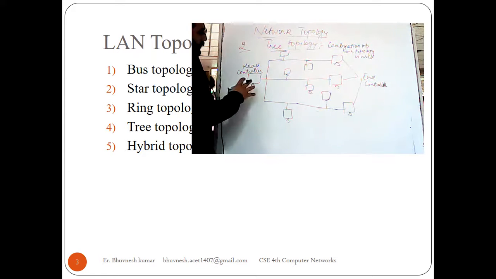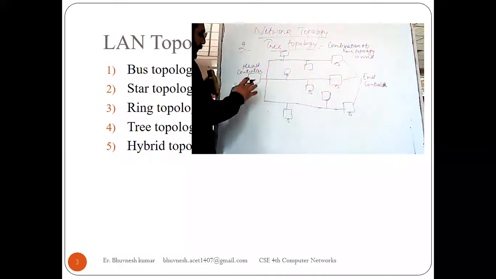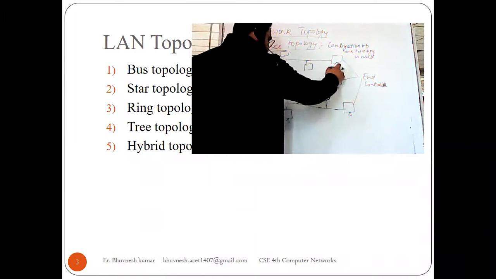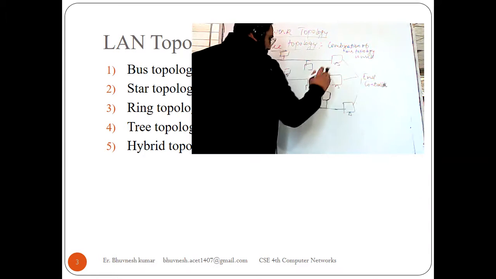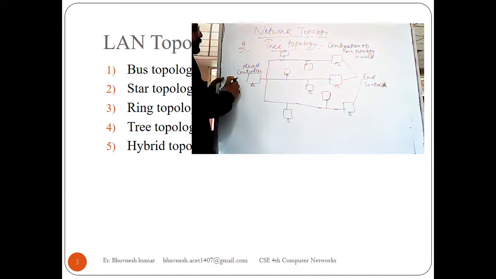And this is your tree topology. The main point is that a combination of bus topology is used. The main head controller is there, and further your end controllers are there in your tree topology.